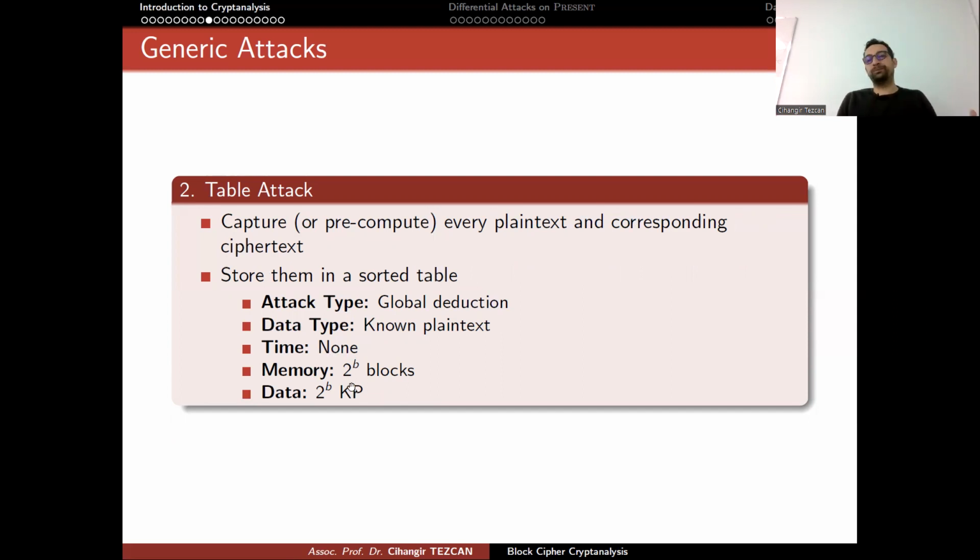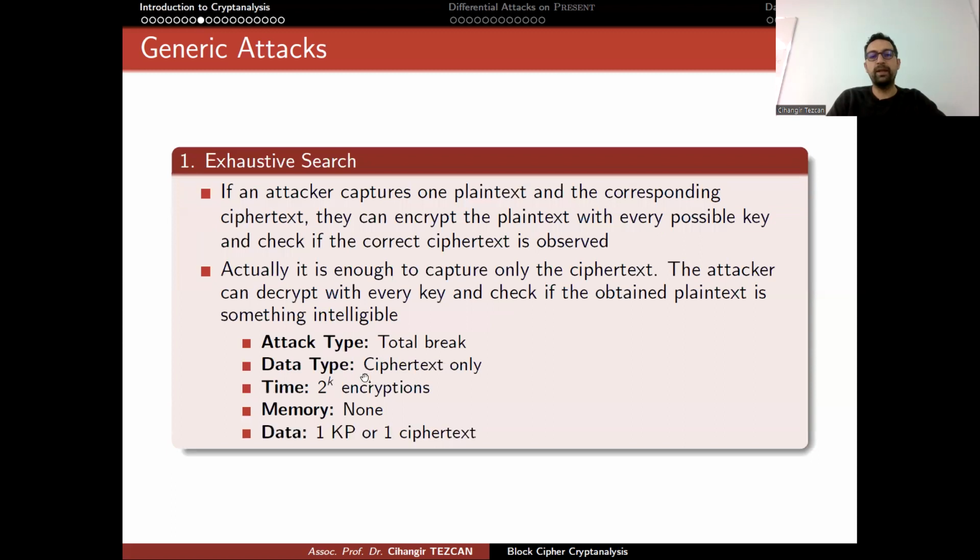So this means that, maybe I will say it in the following slides, but let me briefly mention it here. If you say that you found a weakness in the cipher and can break it, then that attack scenario has to perform fewer encryptions than this many encryptions, because we can always break it with 2 to the k encryptions.